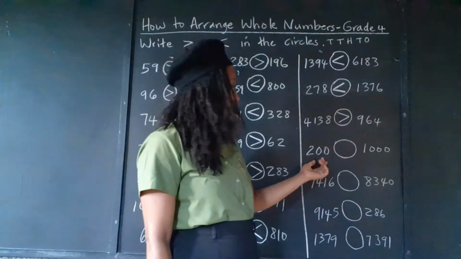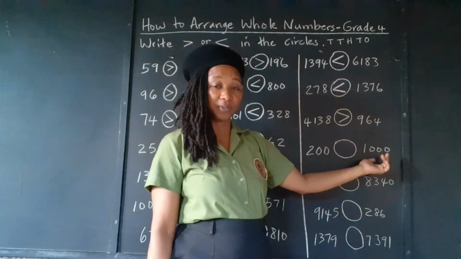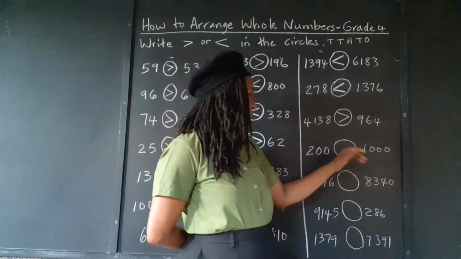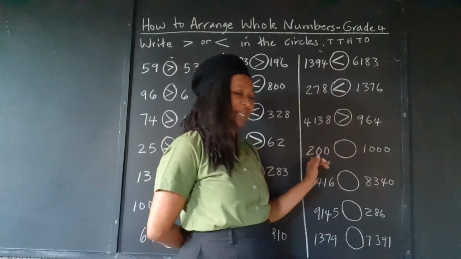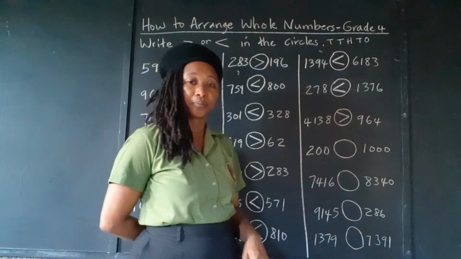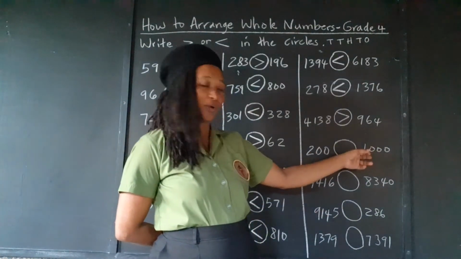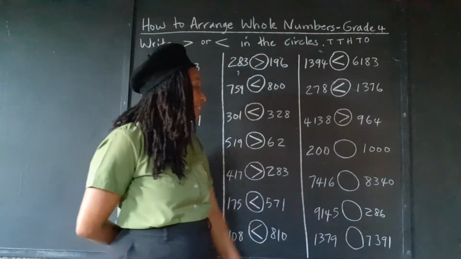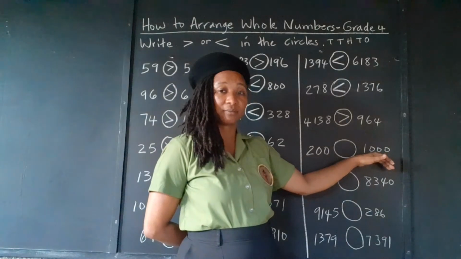200 compared with 1,000. Looking at them, you're saying, but this has a 1, that has a 2, and they both have zeros, so maybe that's the smaller number because it just has a 1. But look, it has 4 digits.